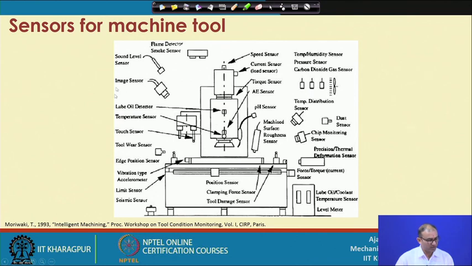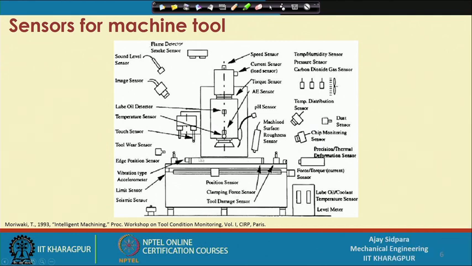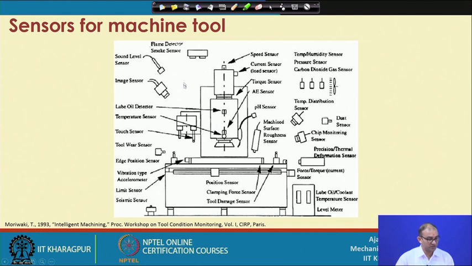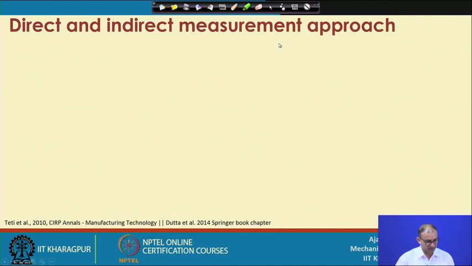We have already discussed those sensors, so I am not going to discuss them again, but you can see that it starts from monitoring the machine tool, then monitoring the machining operation and the workpiece condition, and also the coolant, and the climate also, throughout the surface. So, you can understand how these machine tool sensors are useful, but you also know that all sensors are not required. That depends on your requirement, and you select the sensors which are more suitable for your application.